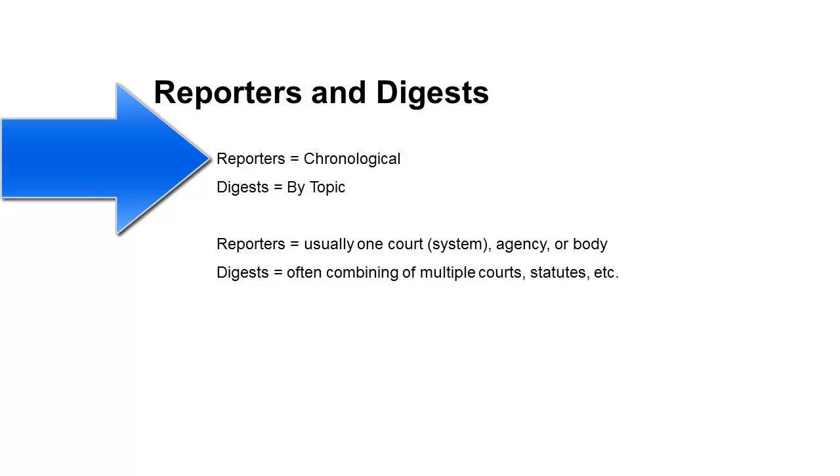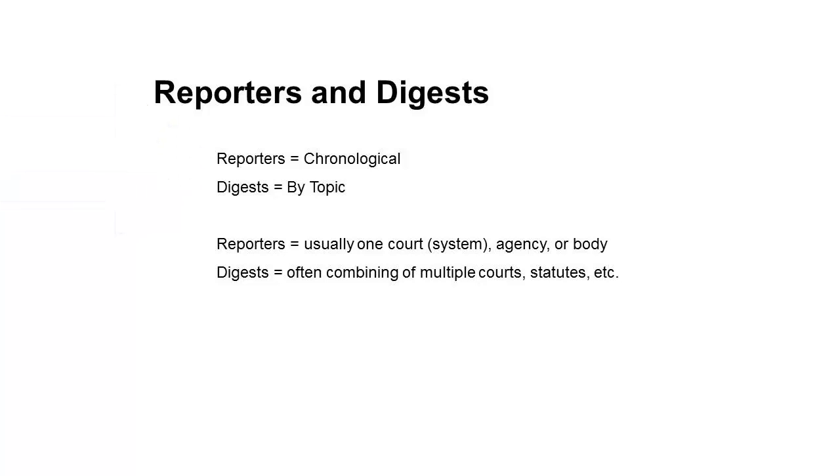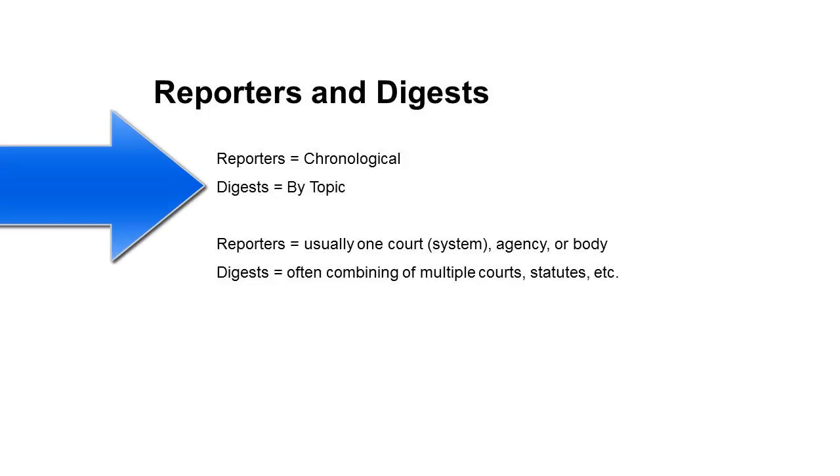Now, that is well and good, but it really doesn't help us that much if we're trying to figure out something by topic, because we don't want to have to weed through all of these different decisions about various things if all we really care about is gun control. So that's where a digest comes in. A digest organizes various decisions by topic.